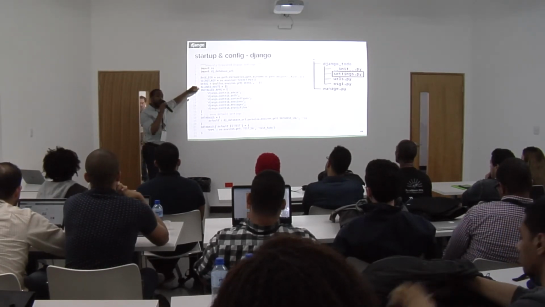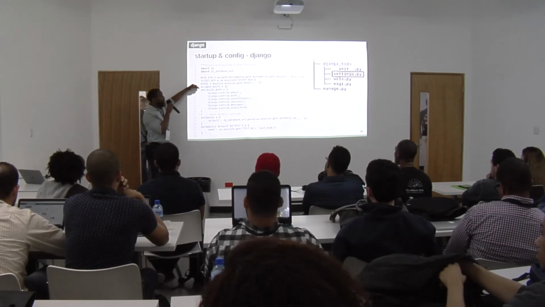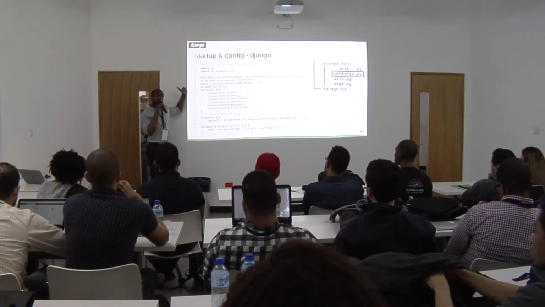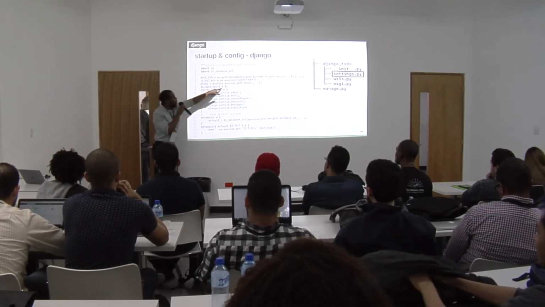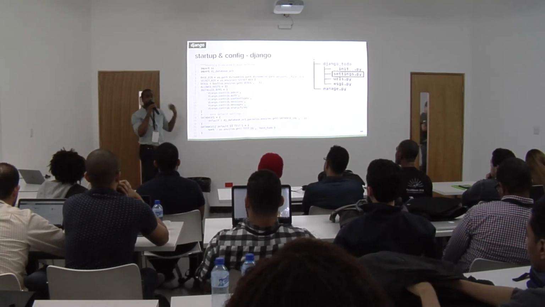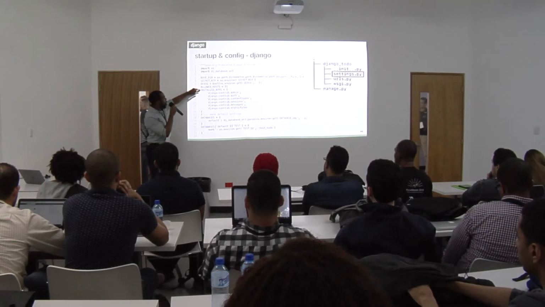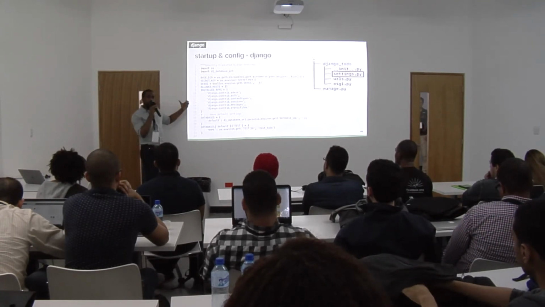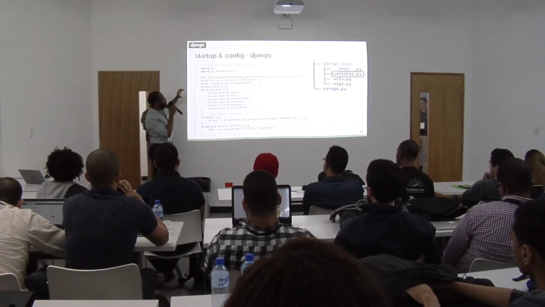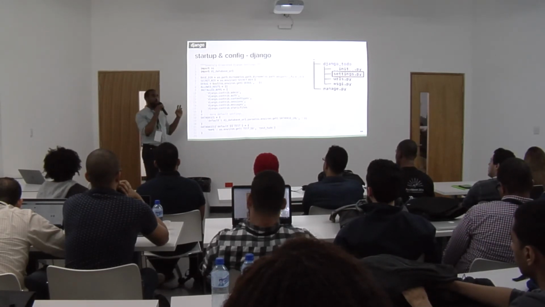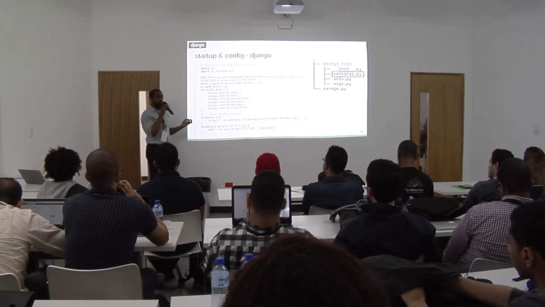You also need your allowed hosts list. Now, in development, you don't really need this, but in production, you do. In fact, Django will not work if your allowed hosts list does not contain the host that you are currently serving your site from. Important to know. Your installed apps list, which doesn't really make much sense right now, but will in a bit, will contain all of the apps, or the smaller modules, that Django will handle for you.